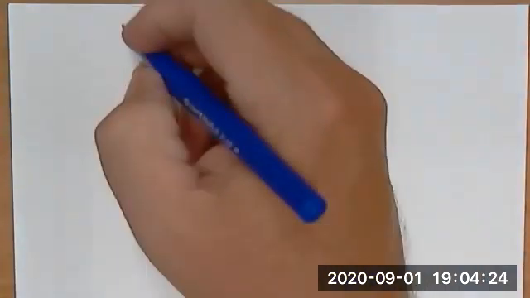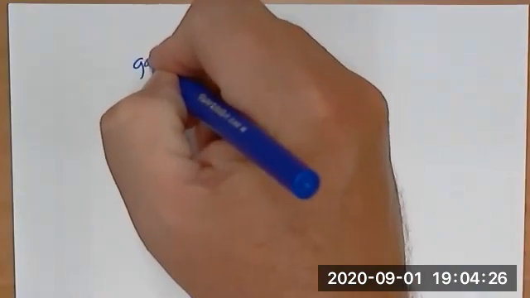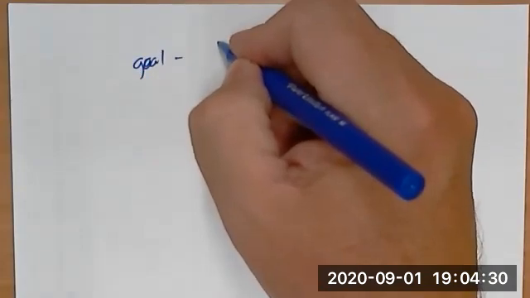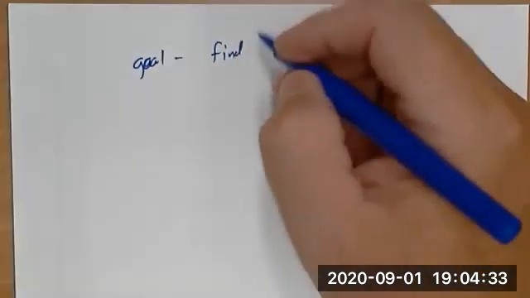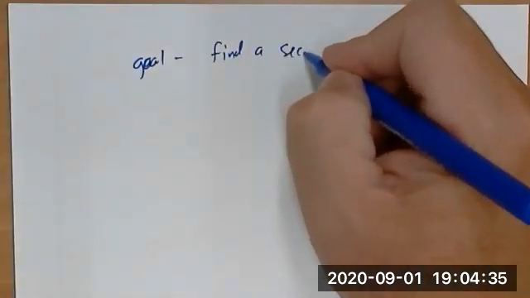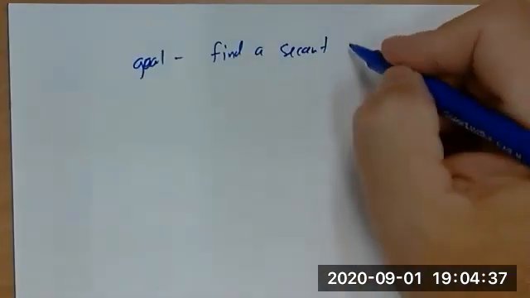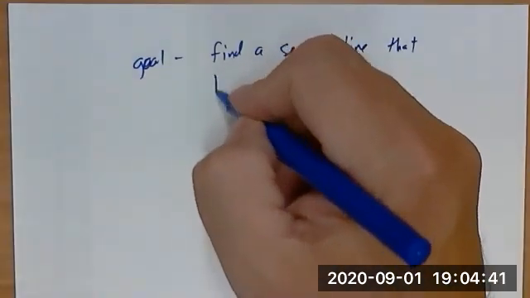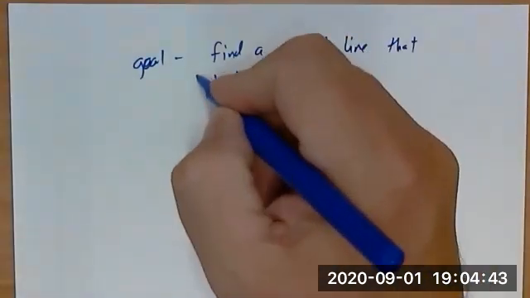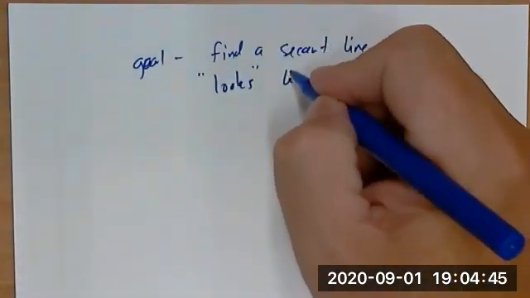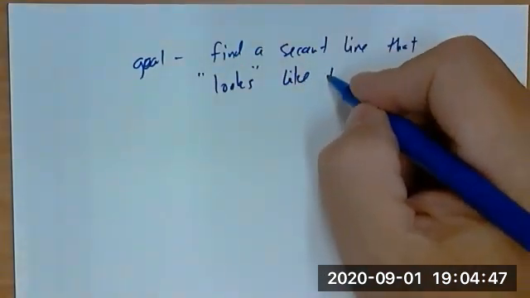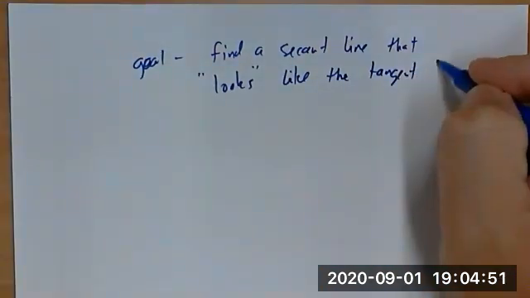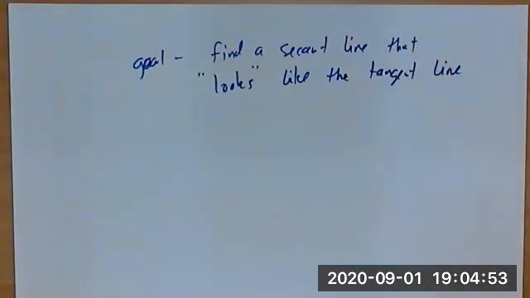So I would like to say the goal is to find a secant line that looks like the tangent line.